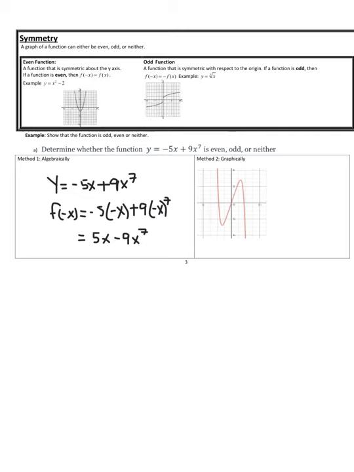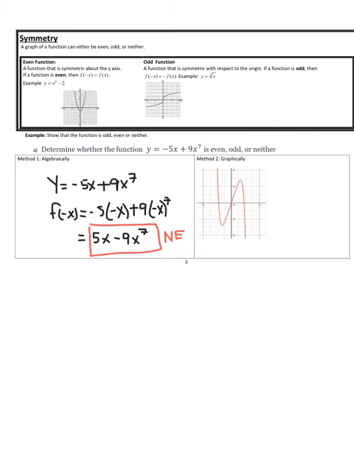So this is what I get, and I'm just going to highlight it because I'll need to compare it. And since I don't get the same value as I had at the beginning, I'm going to write here not even, NE.